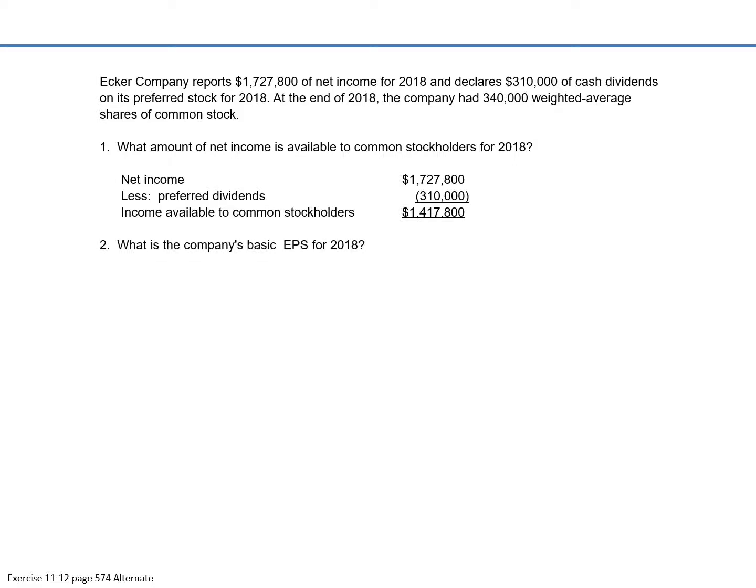And then in number 2, we'll take our income available to common stockholders of $1,417,800, divide that by the weighted average shares of common stock, which is 340,000, they tell us. So we have a basic earnings per share of $4.17.